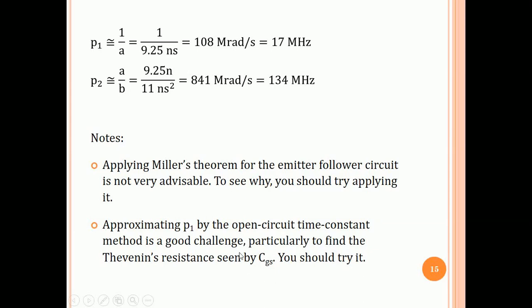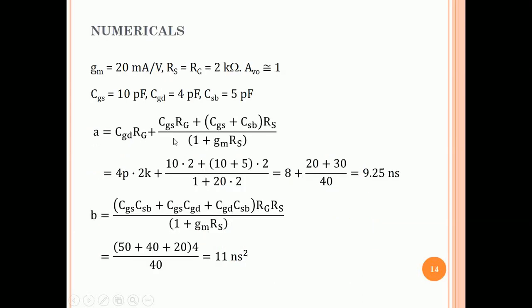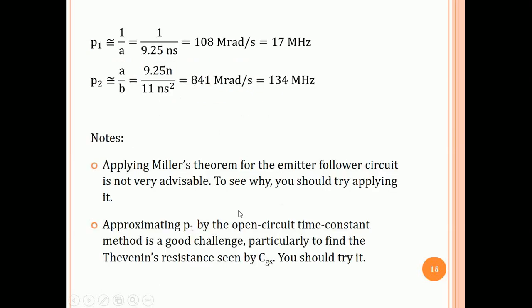It's a good exercise to find P1 by the open circuit time constant method, and once you find it, you compare it with this, which is the more exact expression. Here there are 3 time constants. So you find them without referring to this expression, you find the time constants and find P1.